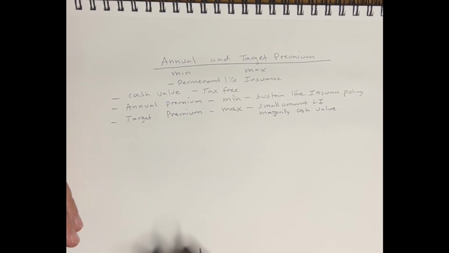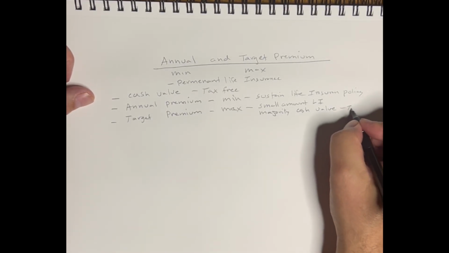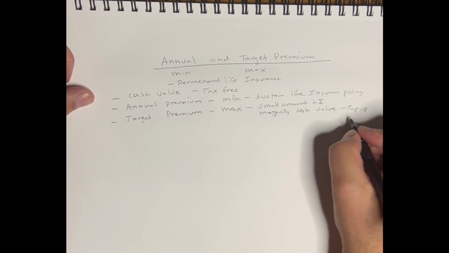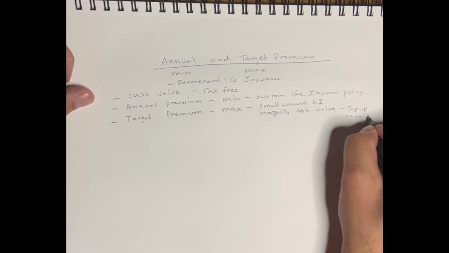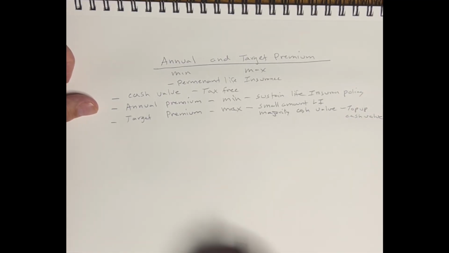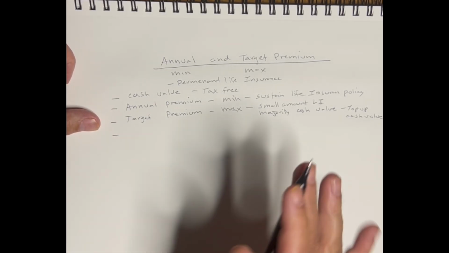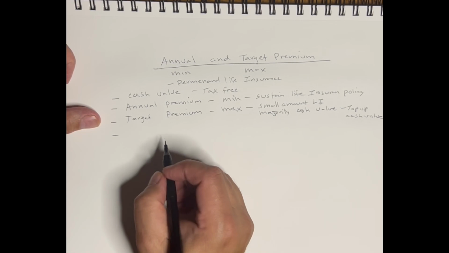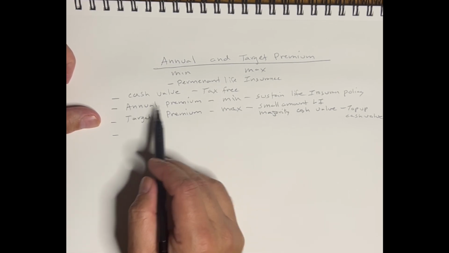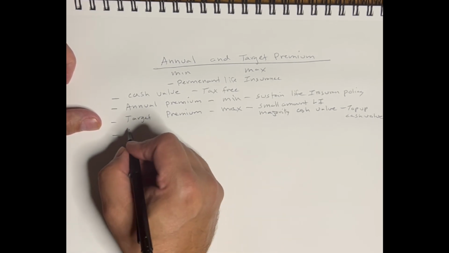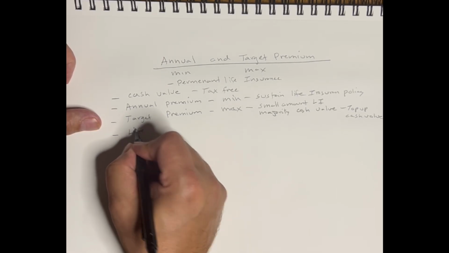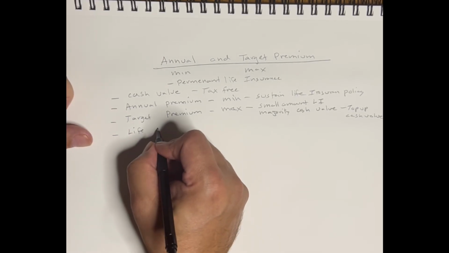This allows you to top up your cash value. Let me back up before I go into that. How we establish the annual premium and the target premium is the amount of life insurance that you're purchasing in the policy.